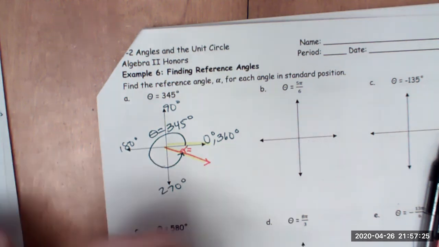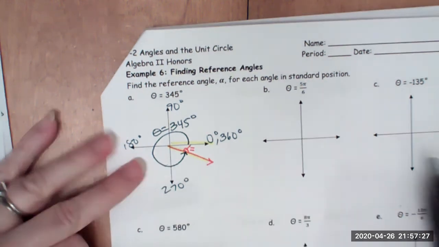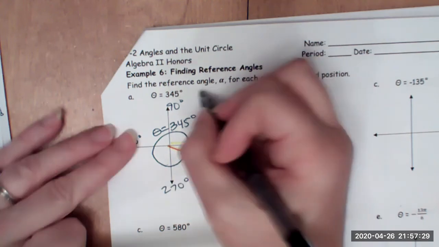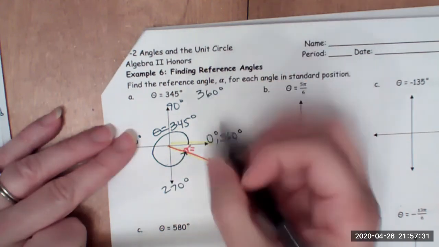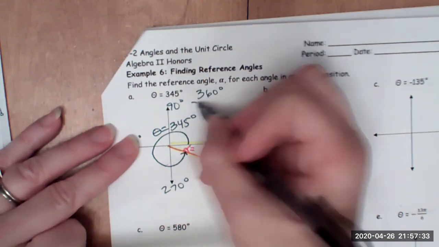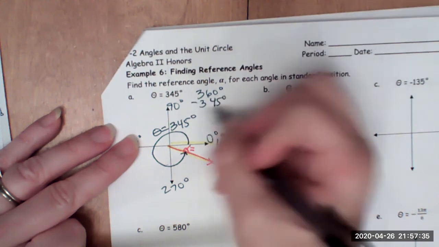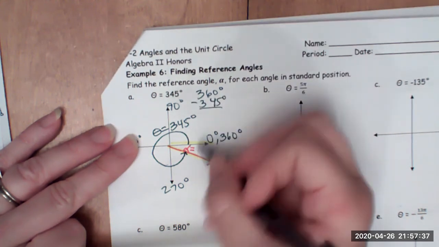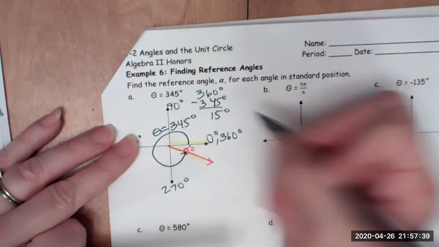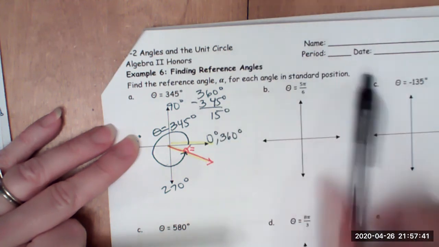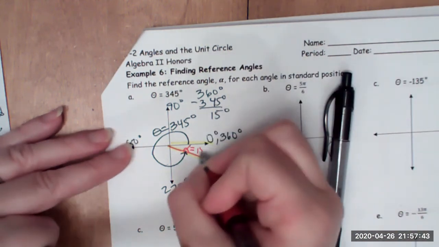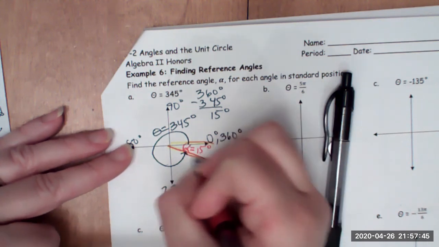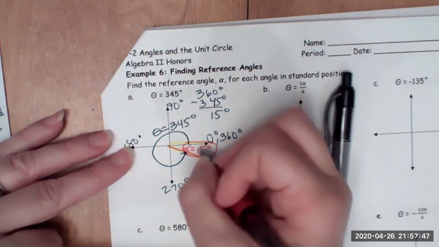What you should be thinking is, if I travel all the way around, I've traveled 360, but I can take away the distance I've already traveled to figure out what's left. What's left is 15 degrees. Therefore, alpha has to be 15 degrees. That's the reference angle.